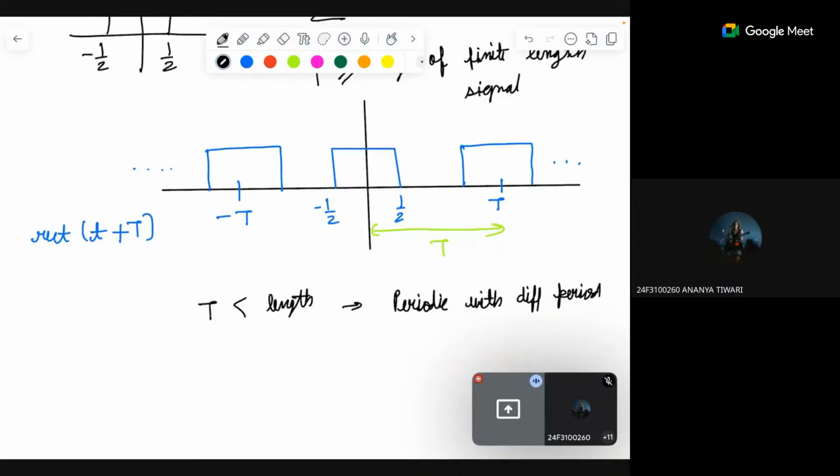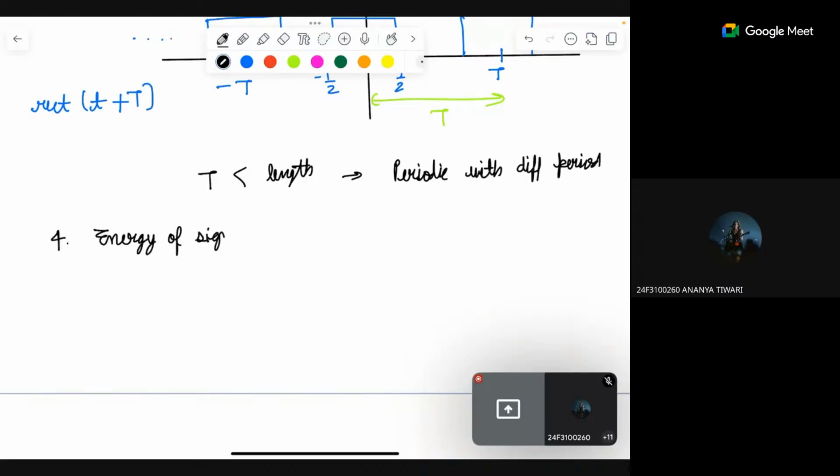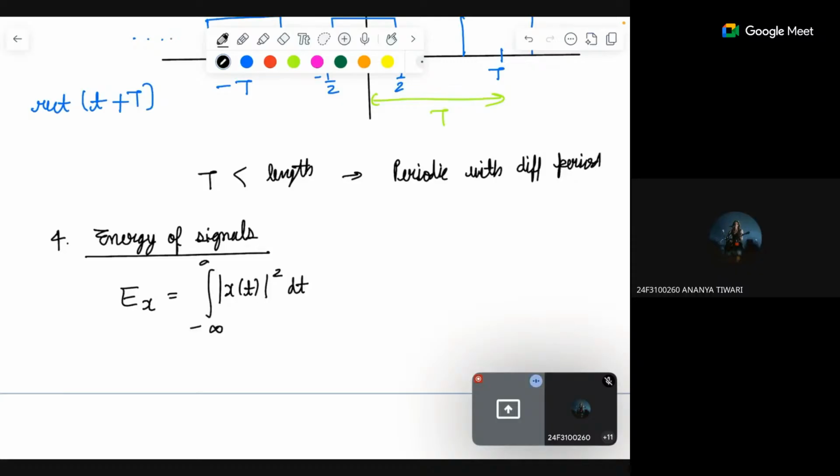Okay, let's move ahead. Now, energy of signals. When we want to compute the energy of a signal X, this is the formula that we use. We take the modulus of the signal, square it, and then integrate it from minus infinity to infinity.